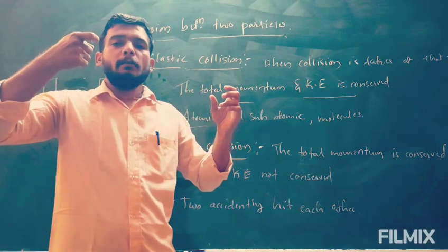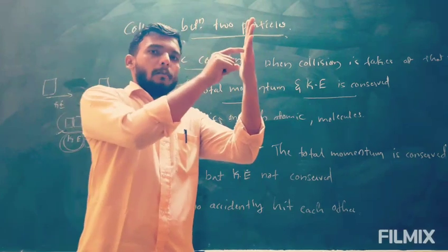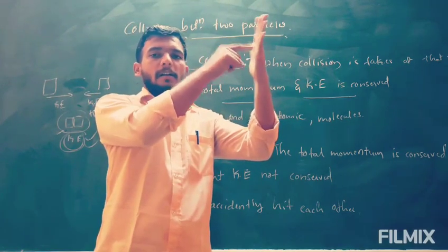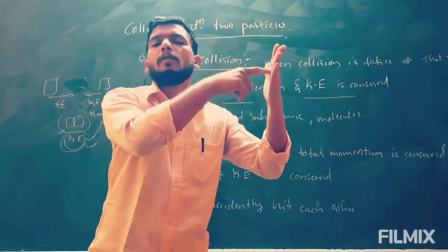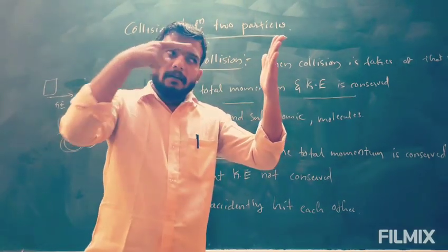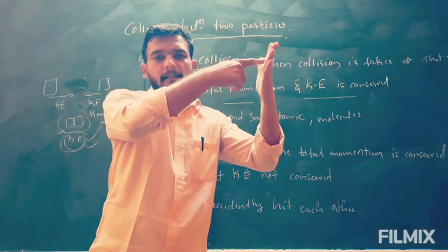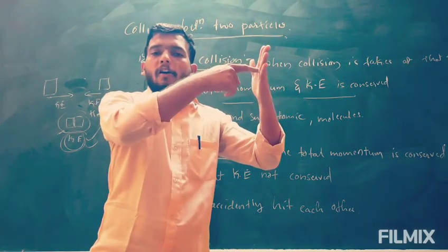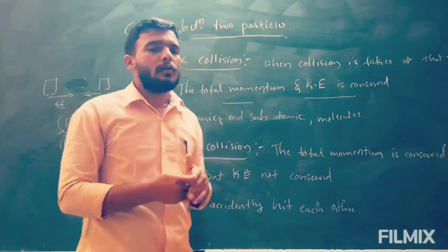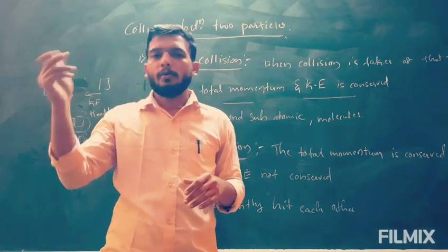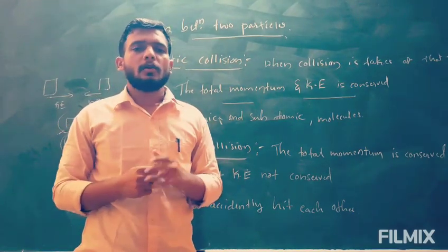If you fire a gun and the bullet hits a wooden box, after hitting it does not move further; it sticks in the wooden block. Before, it had kinetic energy with momentum. After that, it loses its kinetic energy, but the momentum is conserved when you calculate with the linear conservation law. The formula you already know: m1u1 plus m2u2 equals m1v1 plus m2v2. Using that formula you calculate the momentum.